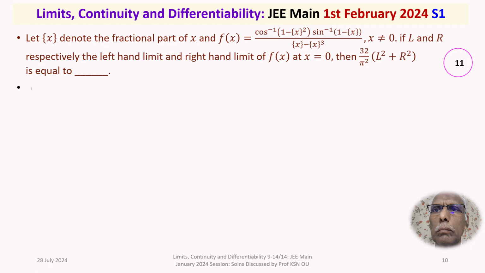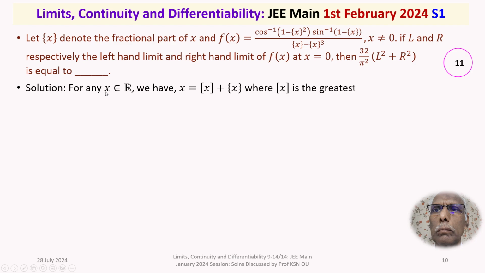So first of all, for any real number x, we have x equal to [x], that is the greatest integer less than or equal to x, plus {x}, where {x} is the fractional part of x. And these things are well known to us.